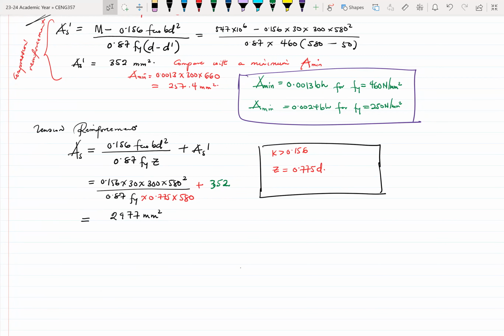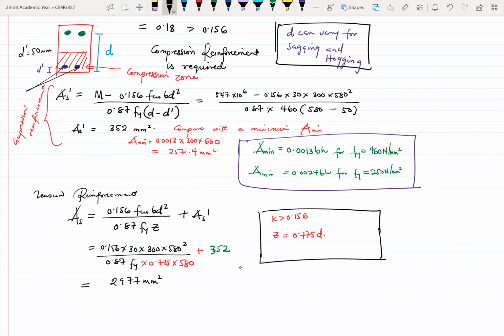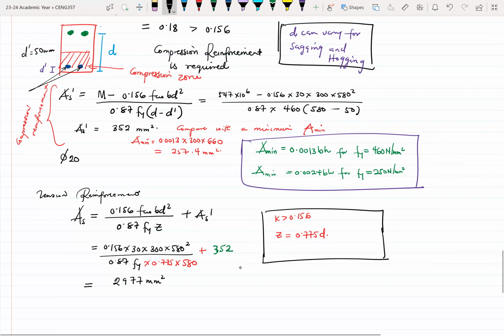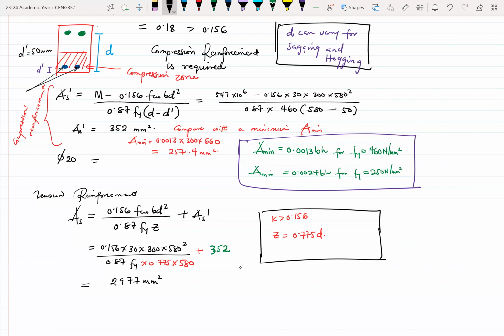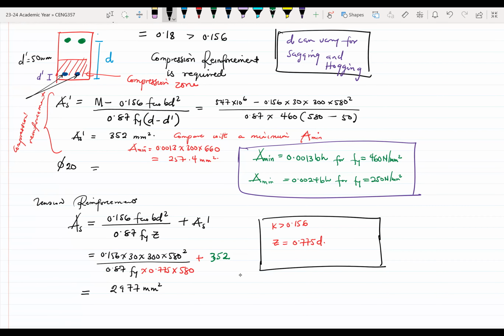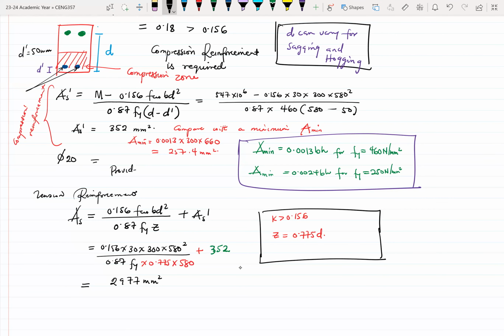From here, for the AS prime, let's say our bar diameter is 20, then how many do we need? For 20, the area is 300 for one. So we can say provide 2T20, where the AS prime is 600 millimeter squared. The area for one is 300 millimeters.